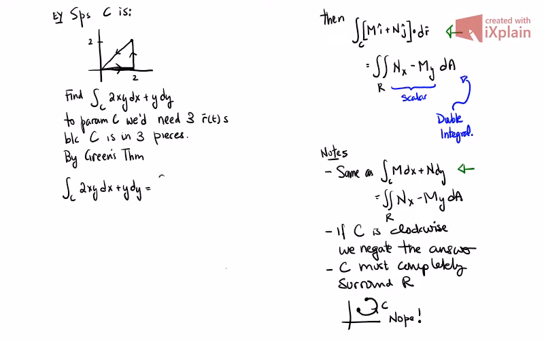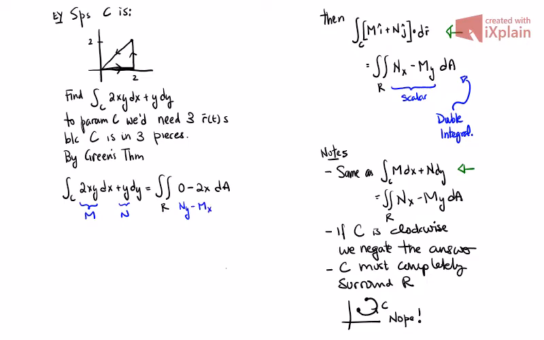becomes a double integral over R. And the way to look at what's about to happen is, this is our M, this is our N. So we do N sub x, which is 0, minus M sub y, which is 2x. Just to emphasize, this is N sub x minus M sub y.